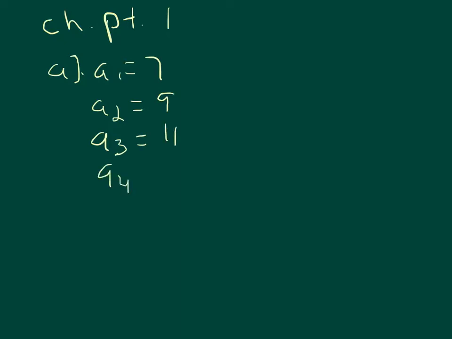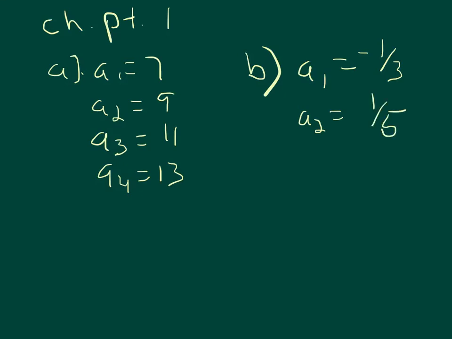And a sub 4 equals 13. For checkpoint 1B, a sub 1 is -1/3. A sub 2 is 1/5. A sub 3 is -1/9. And a sub 4 is 1/17.